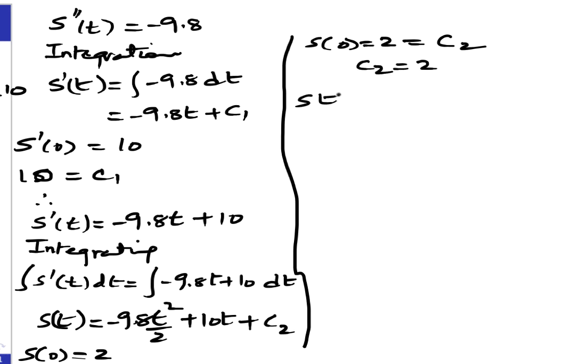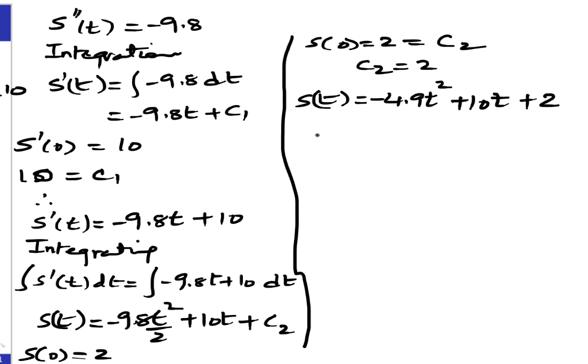So what's s of t? S of t is minus 9.8 t squared over 2, which is now minus 4.9. So just write that: minus 4.9 t squared plus 10t plus 2. So this is our distance.